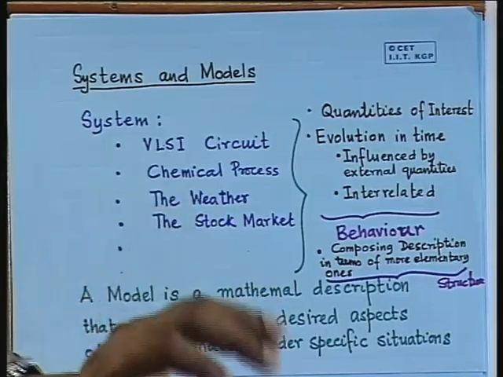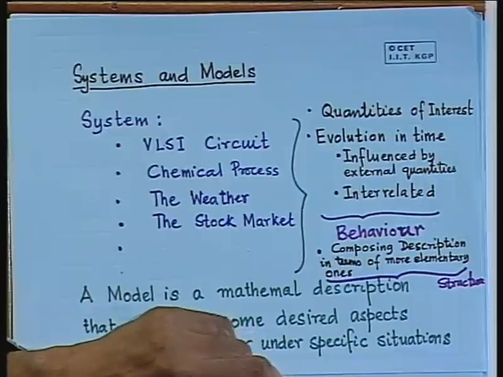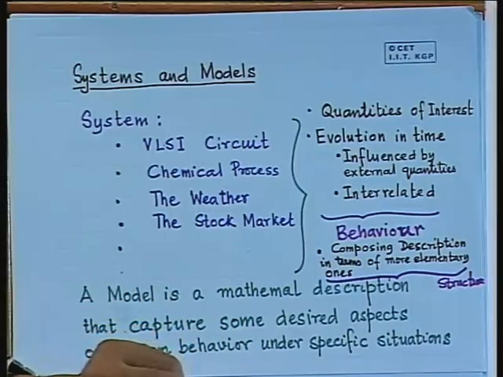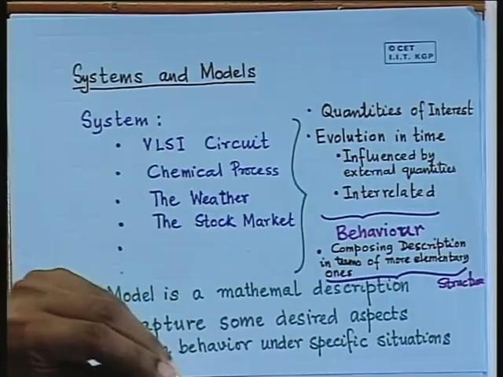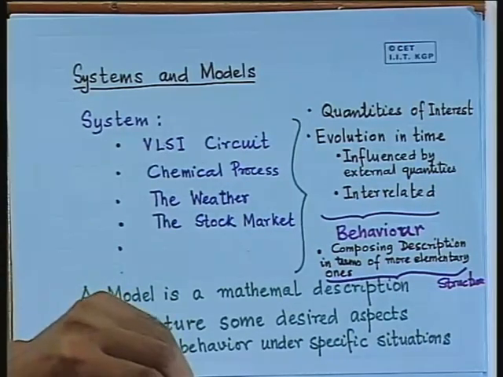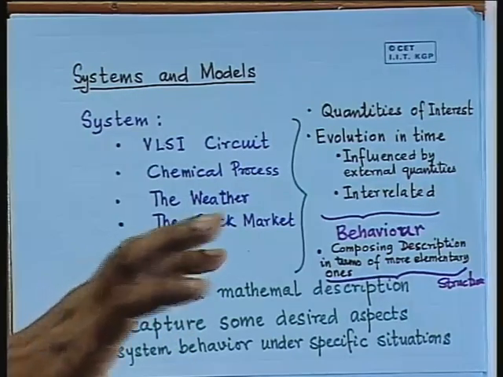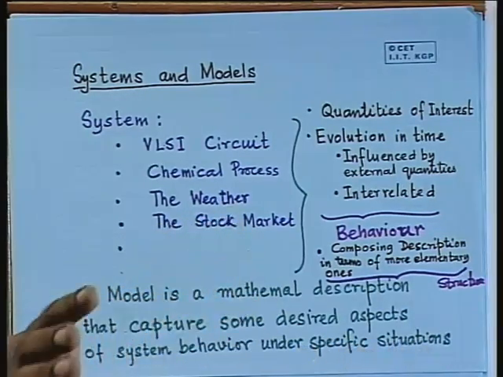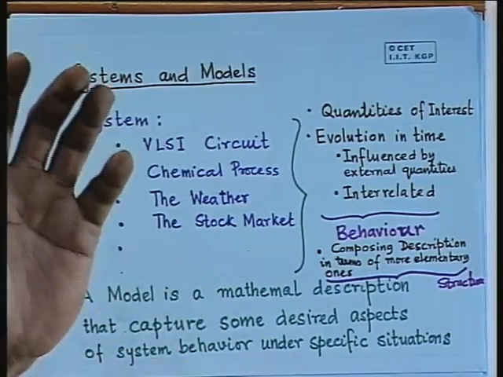Related with systems, there are two terms which are used. One is called its structure, another is called its behavior. Why do we use structure? Because we always look for nice and efficient methods of dealing with complex systems.